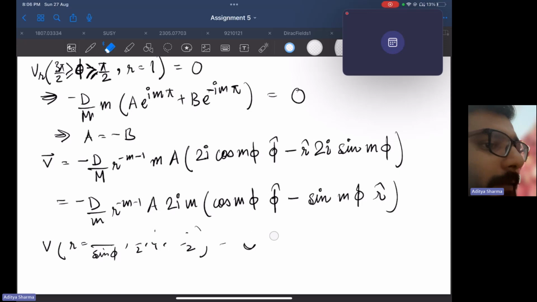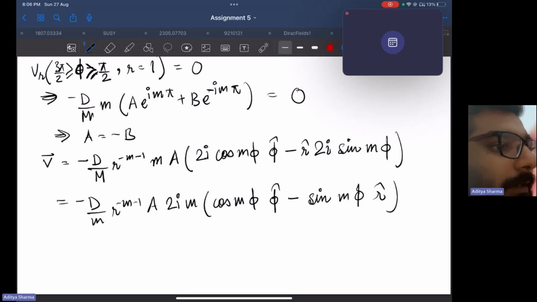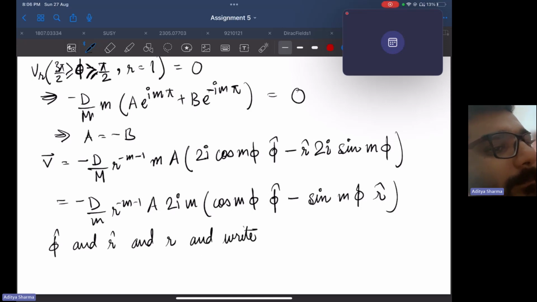Well, this is better if we change. Now what we've got to do is change phi cap and r cap and r, and write this term.